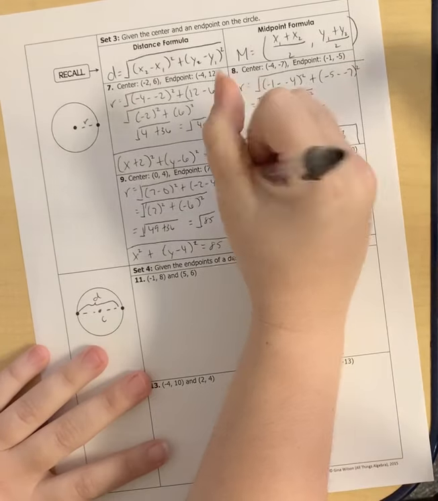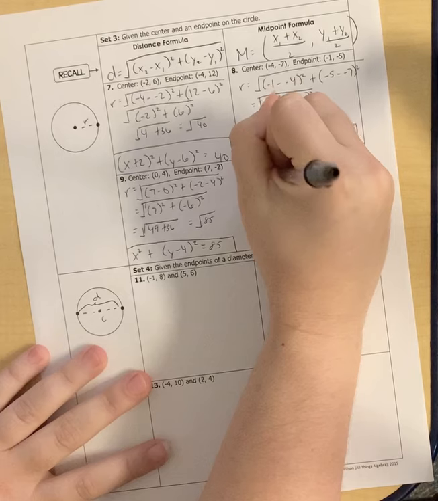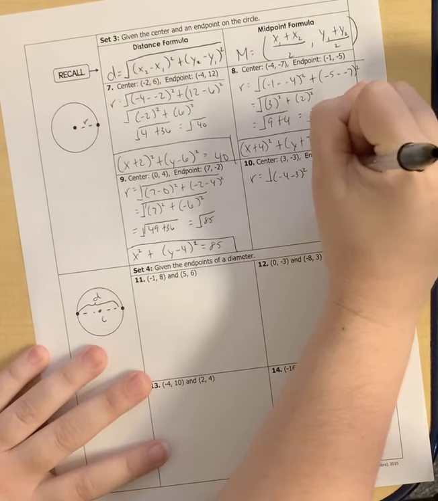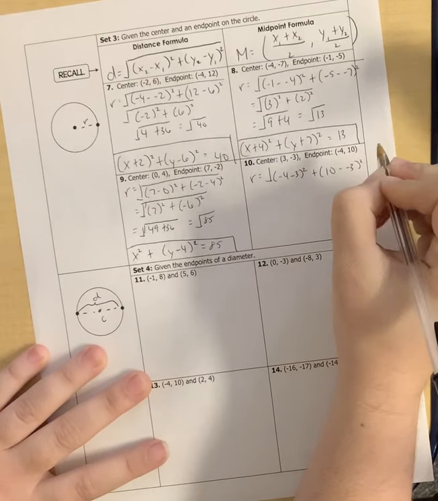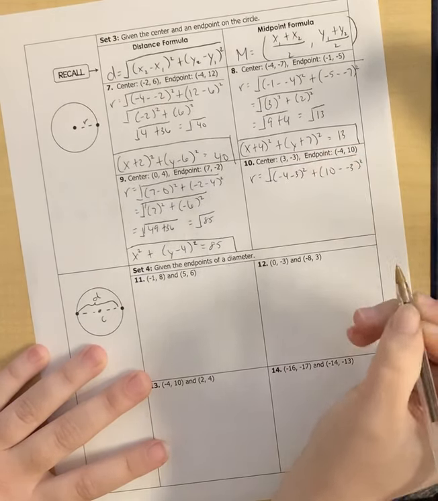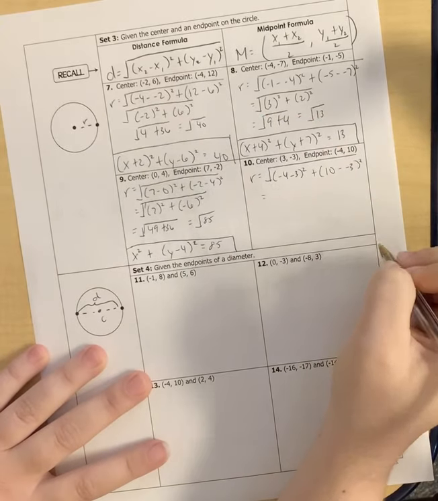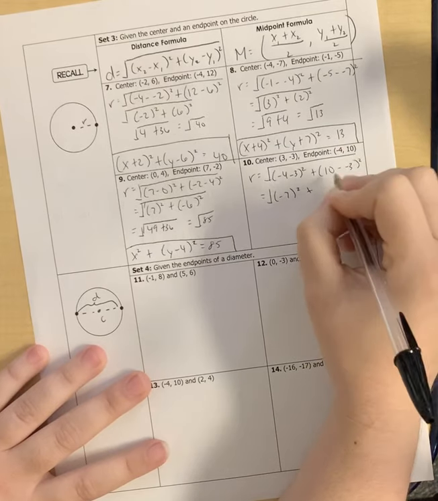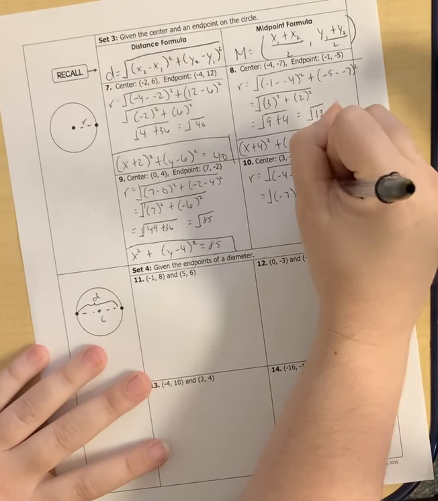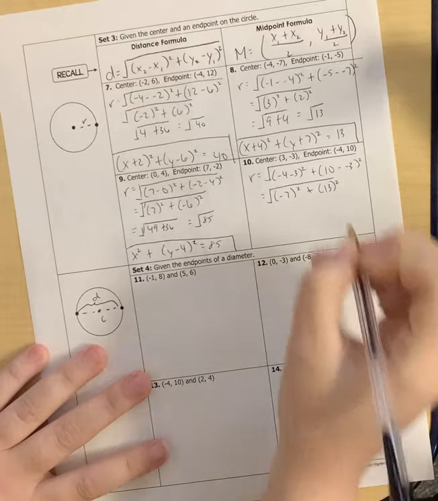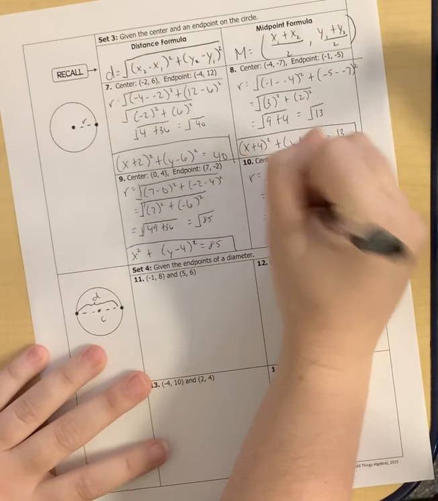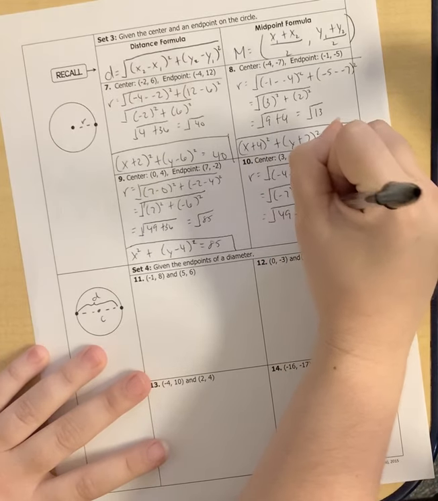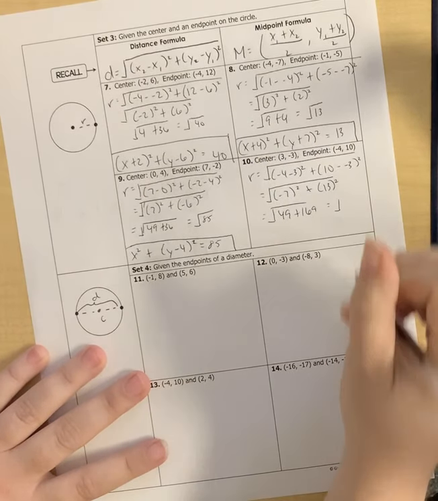Okay, and then this next one, our radius, we have -4 minus 3 squared plus 10 minus -3 squared. Okay, so then that's going to be -4 and -3 is -7. 10 minus -3 is 13. -7 squared is 49. 13 squared is 169. 49 plus 169 is 218.